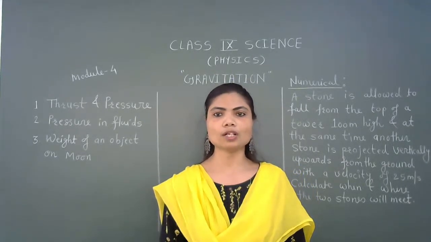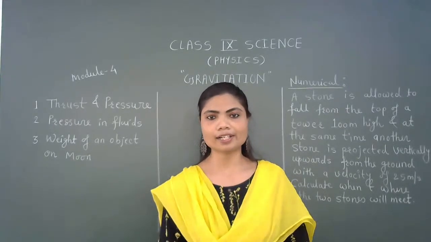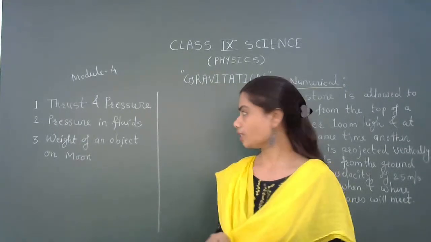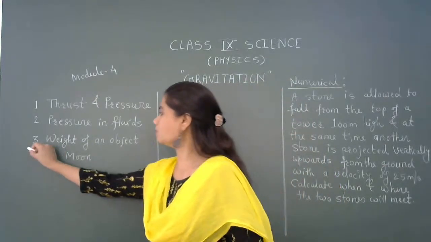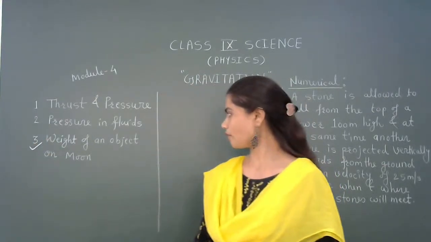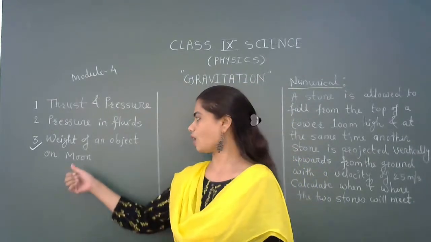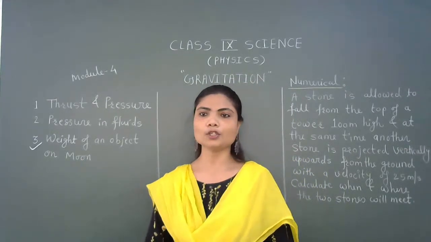Now we have to understand how it relates to the weight on the moon. So here is the beginning of the remaining topic, the weight of an object on the moon.